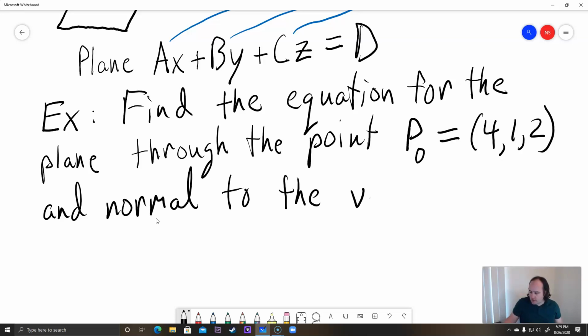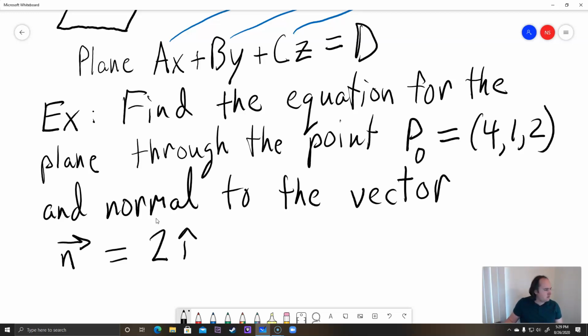Remember, normal means perpendicular, so a 90-degree angle. Okay, so normal to the vector, and here our vector is written, vector n equals 2i plus j plus 3k. Okay, so 2i plus j plus 3k.